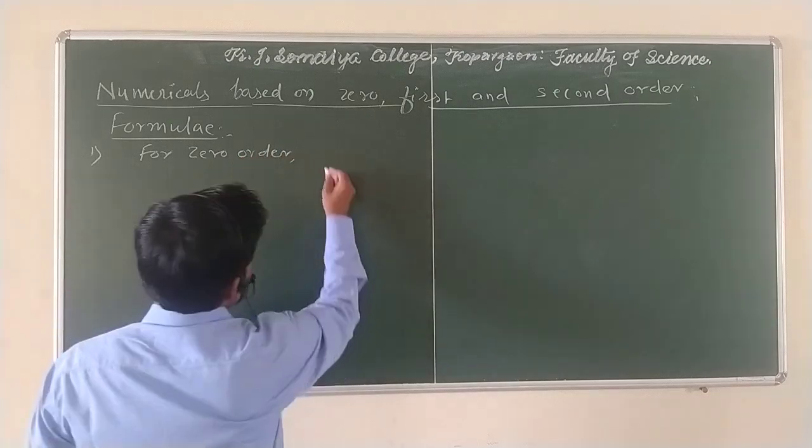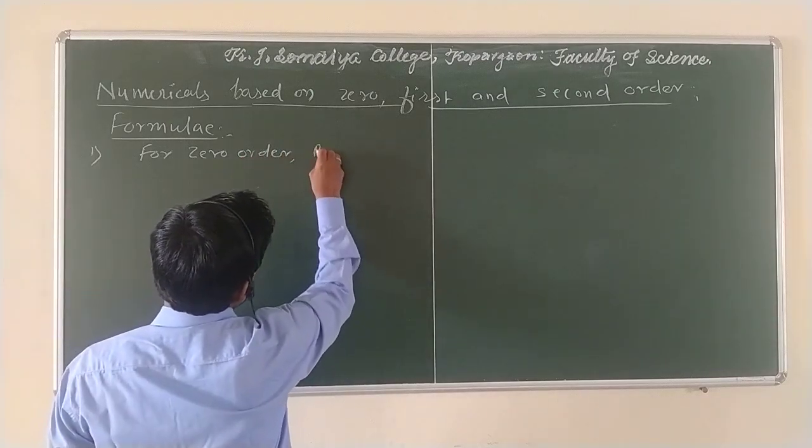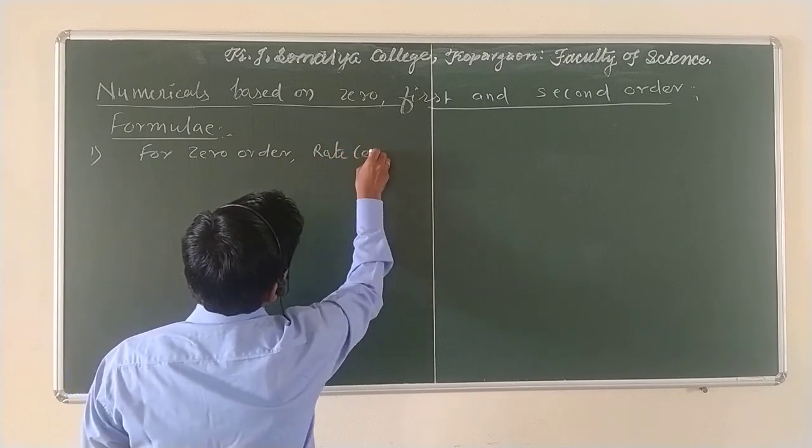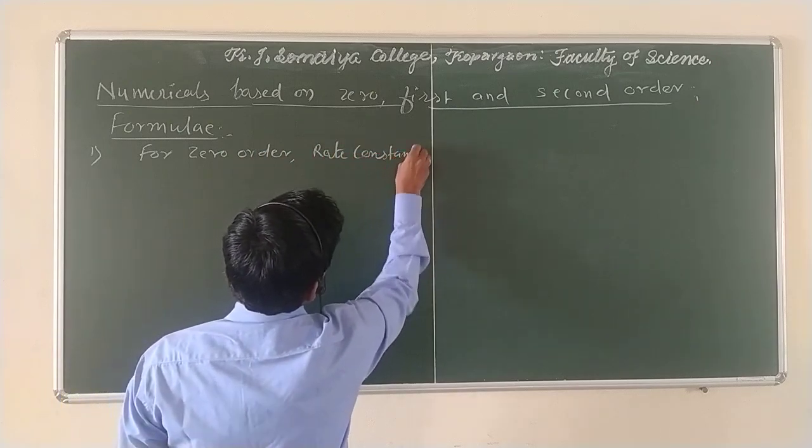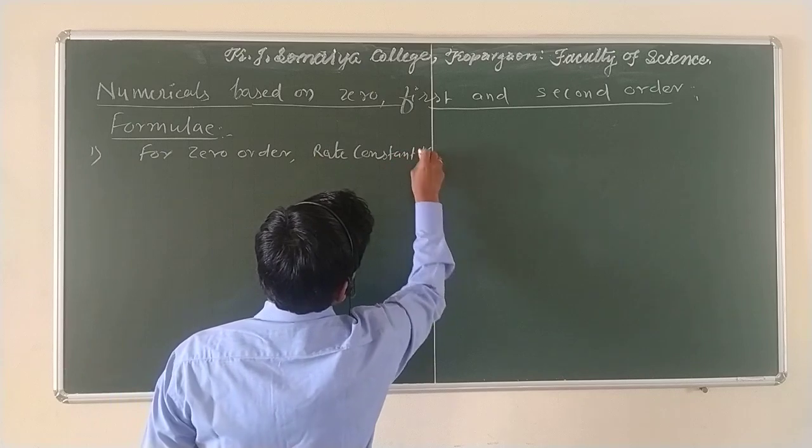Already we studied rate constant, that is rate constant, nothing but K0 for zero order reaction. What is the formula?